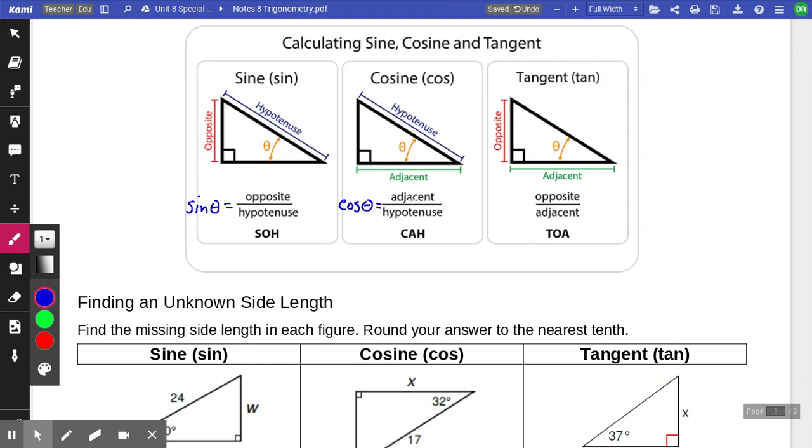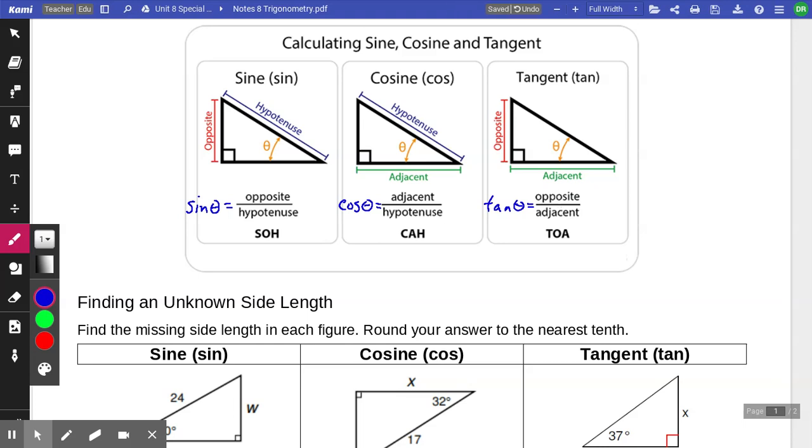Hopefully remember that word adjacent means next to. And so it'd be the leg that is next to theta over our hypotenuse. And lastly, we have the tangent of an angle, which does not use the hypotenuse. It uses the opposite side and the adjacent side. And so here we can say that the tangent of this angle theta equals your opposite leg over your adjacent leg.